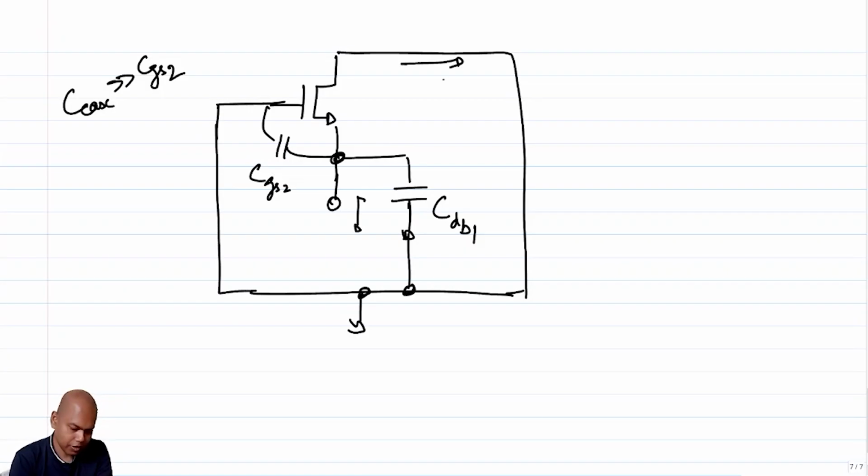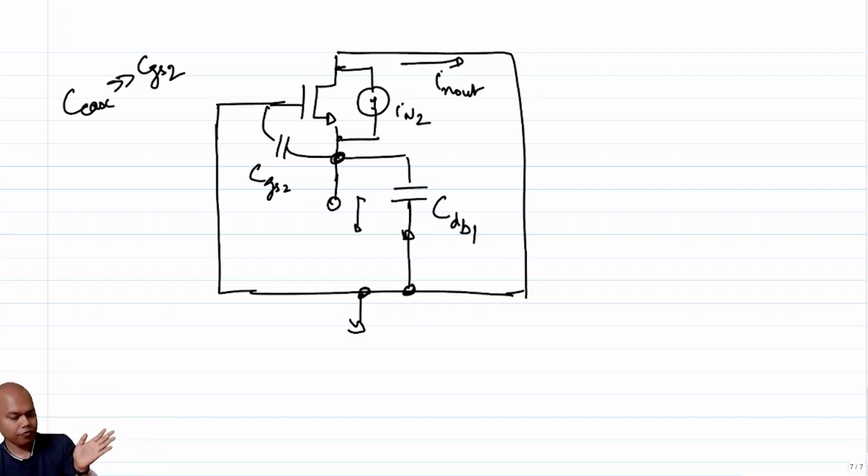So I am interested in finding out what is IN out due to cascode only, which is my IN due to cascode, due to IN of M2. So I have to find out what is the contribution of IN2 at IN out.